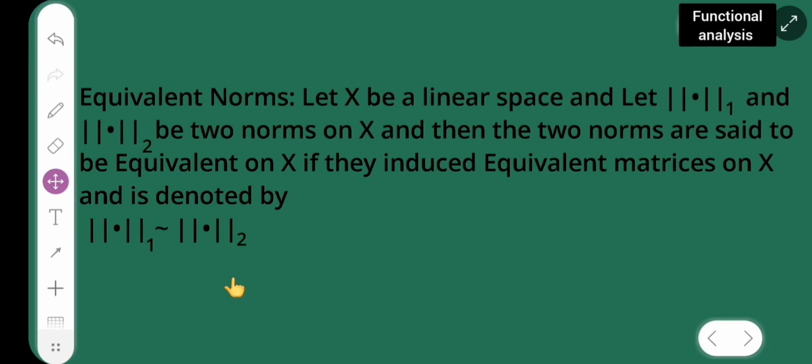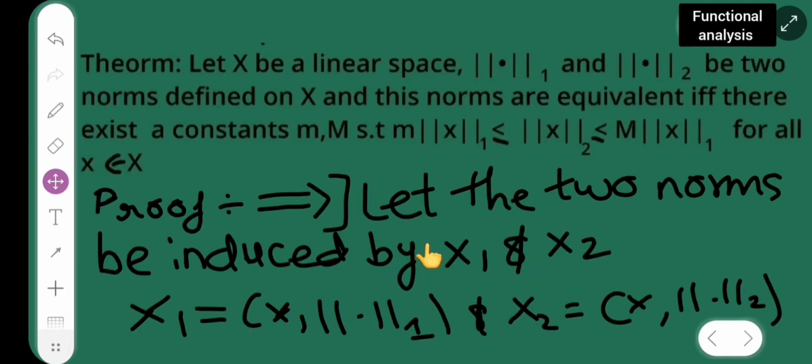Okay, so this definition, please learn it because we need this definition in the proof of the theorem which I will be proving right now. So next, this theorem is very important.